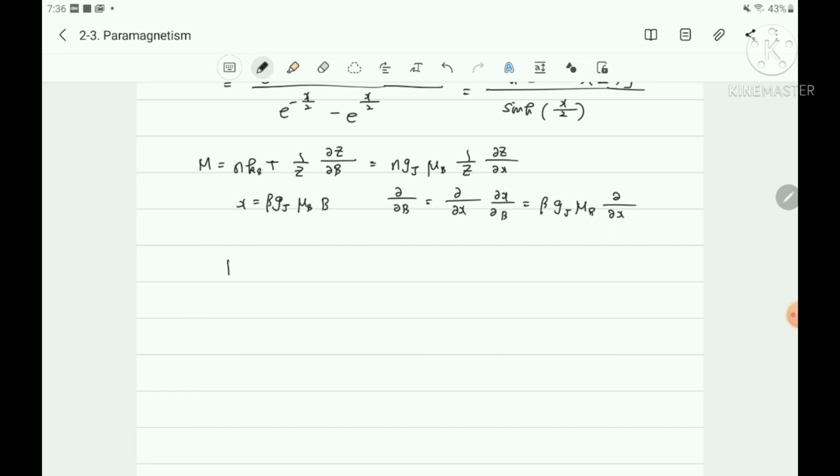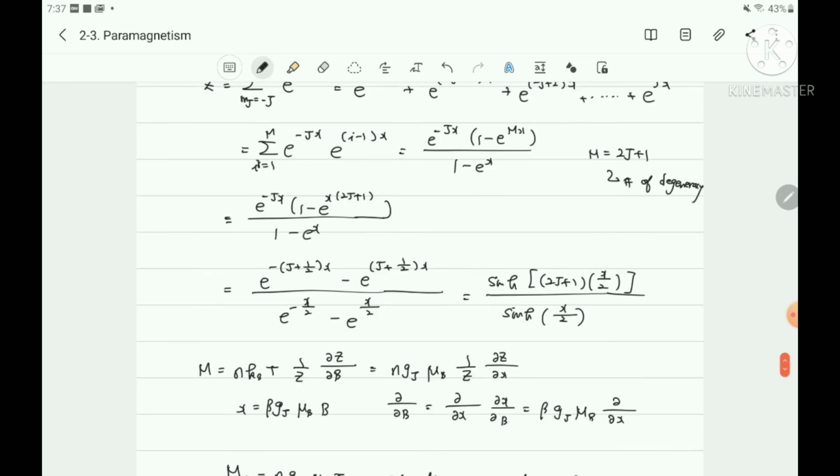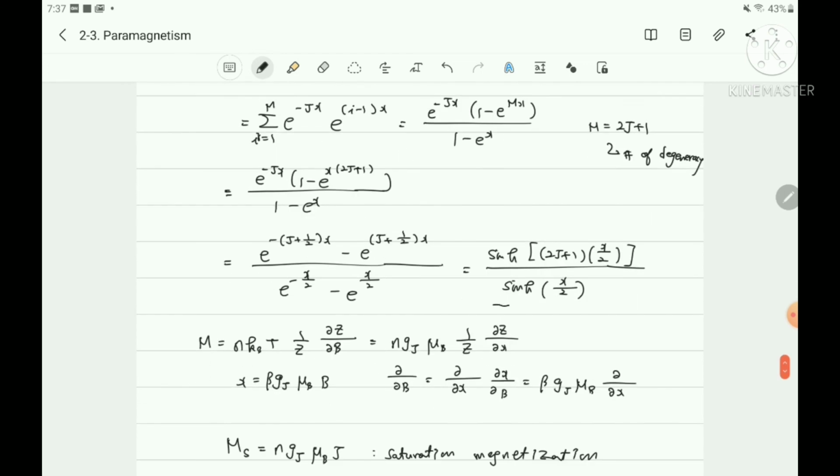Here n gj mu B j is the saturation magnetization, and g can be calculated from this formula.